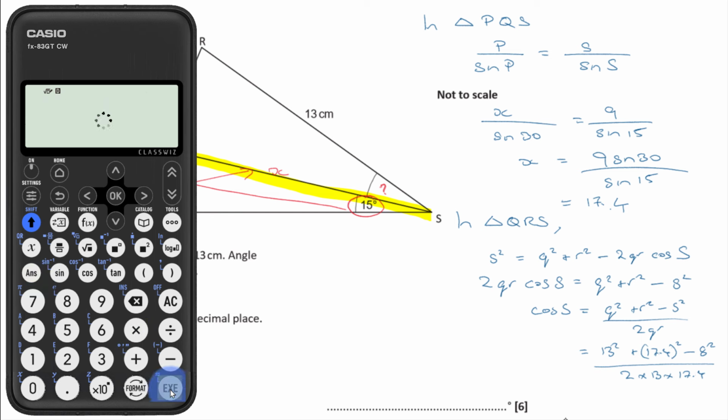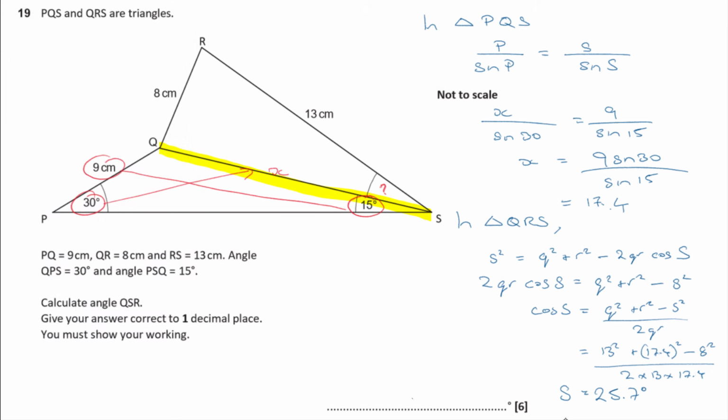That's going to give me a decimal, 0.9, and then I want to find the inverse cosine of that. So S is going to be inverse cosine of that answer. So shift cos answer, and that's going to give me 25.7. So that's my final answer, 25.7.